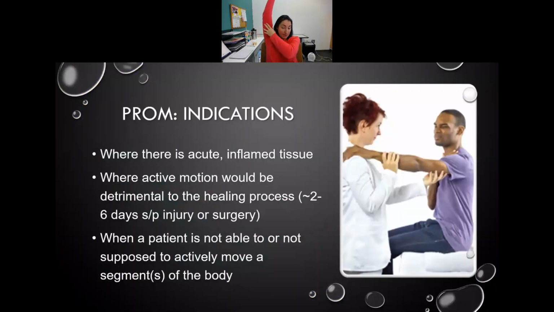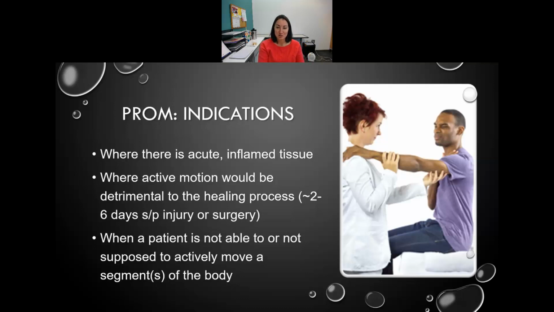All right, indications for passive range of motion. If there is acute inflamed tissue, if active motion would be detrimental to the healing process. Remember, right after surgery, typically the first 2 to 6 days, if they contract the muscle that's just recently been tied back in place, it could break through those stitches before it's healed enough.